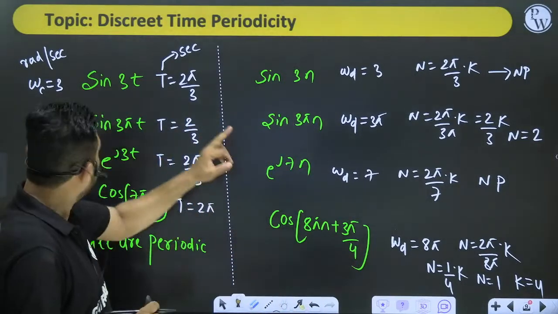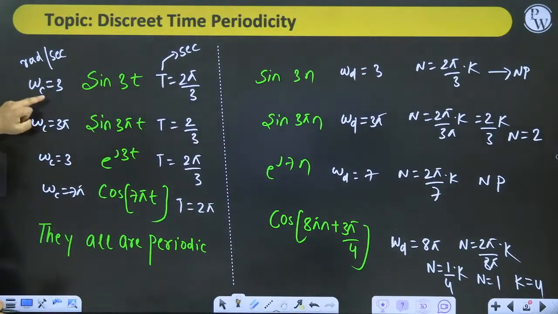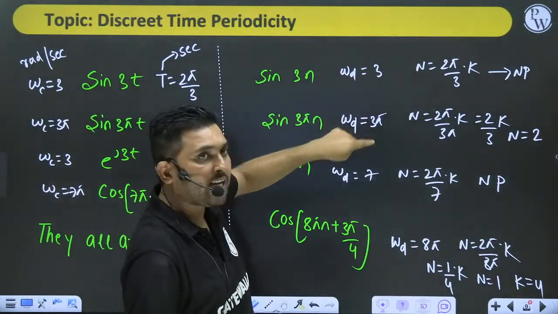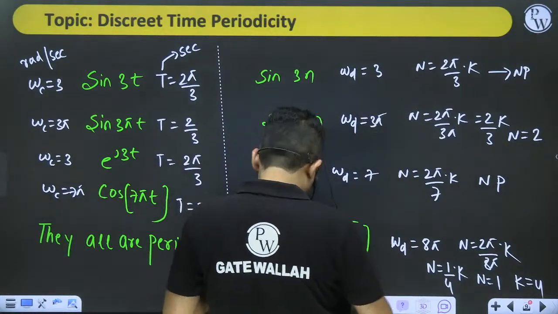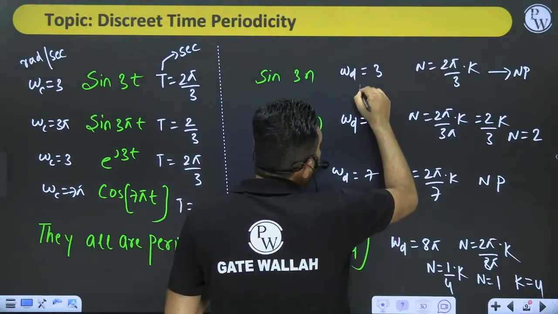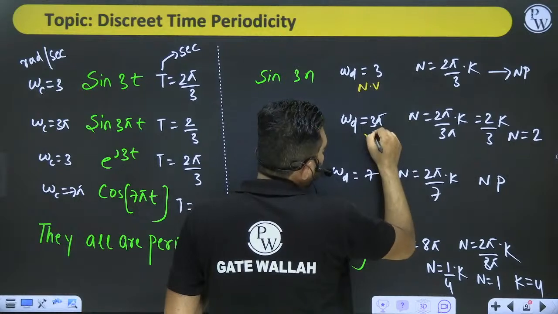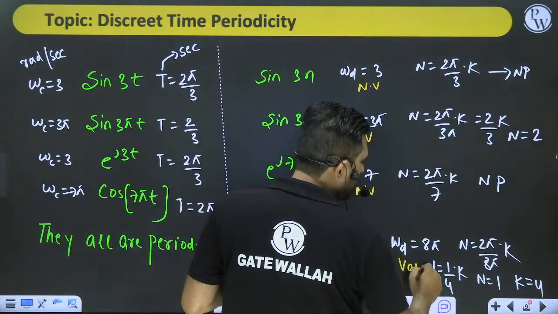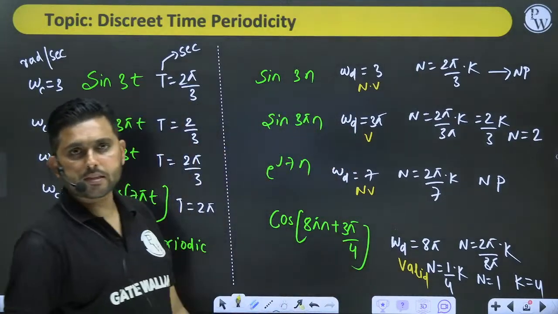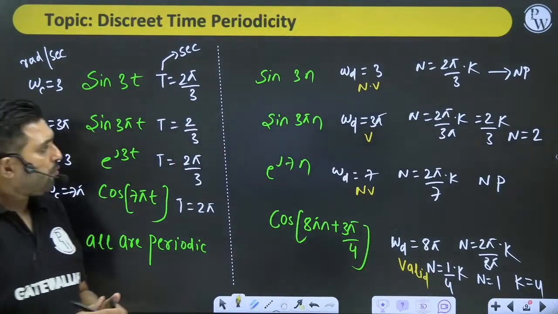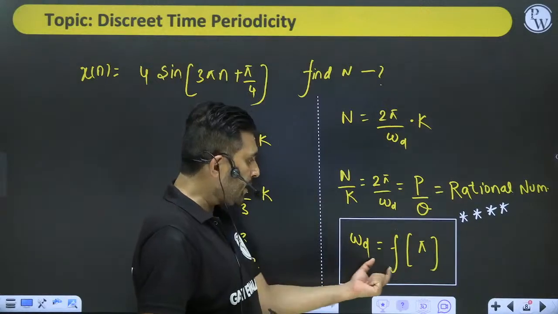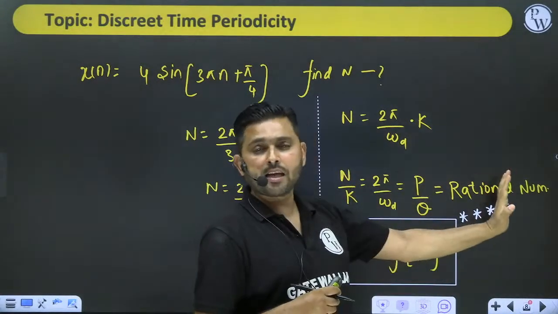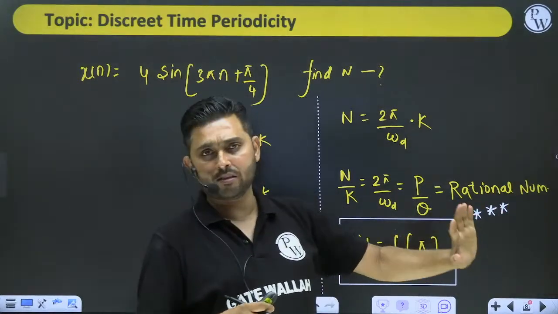Now listen carefully. When I talk about omega c 3, 3 pi, 3, 7 pi, all are valid. But when I talk about omega d 3 and 3 pi, this is not valid. This is valid. This is not valid. This is valid. You understand my point or not? So omega d must be a function of pi to have a finite integer period for a discrete time function.